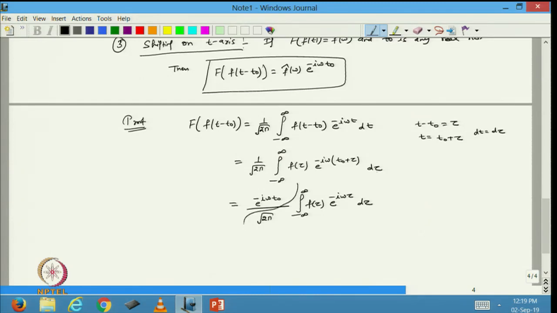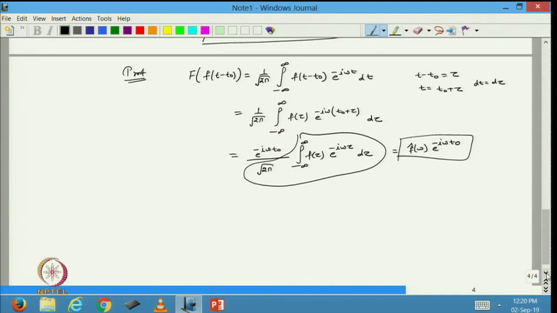And if you remember, this is the Fourier transformation of the function f. So, from here I can write that this is equal to e^(-i omega t naught) times f hat of omega. That is the Fourier transformation of the function which is shifted on the t axis by t naught.